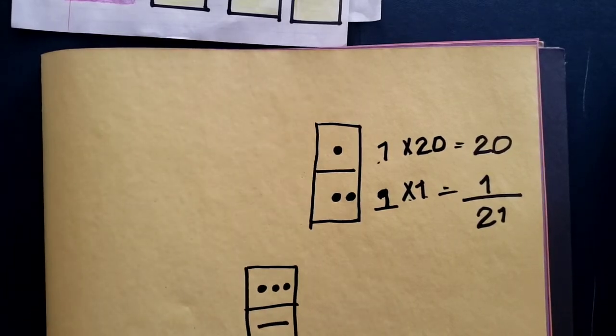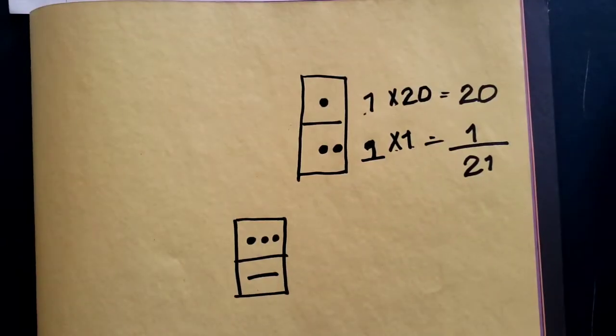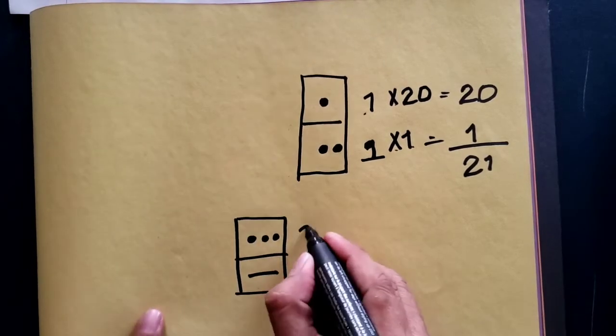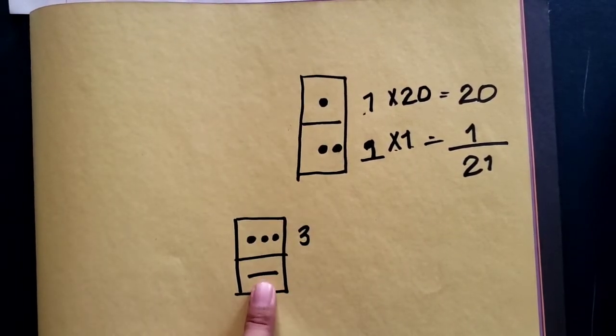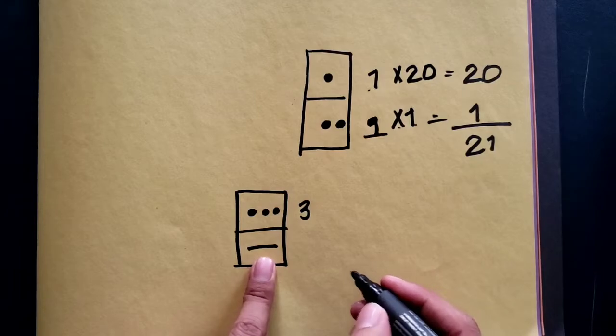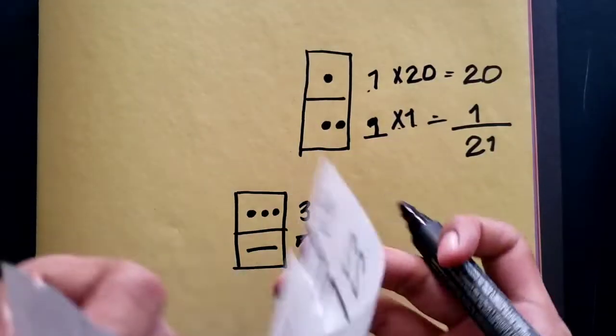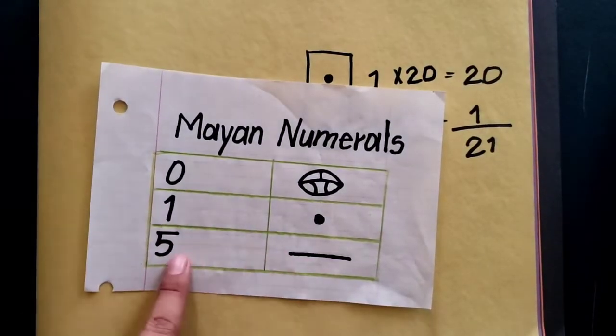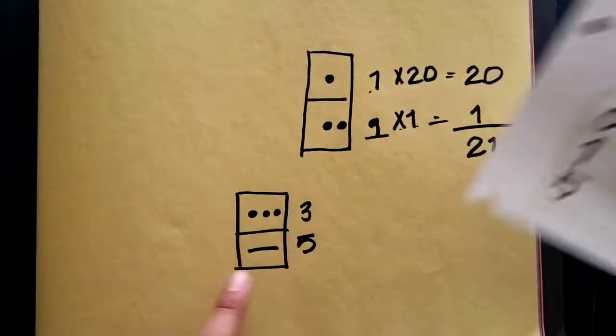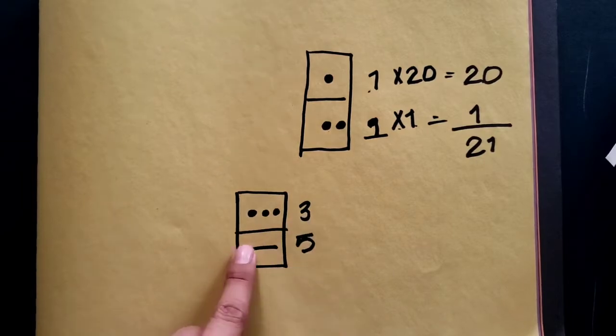What number do I have here? 3. What number do I have here? I have 5. Remember, a line is 5 and a dot is 1. I have 1, 2, 3. I have 5.